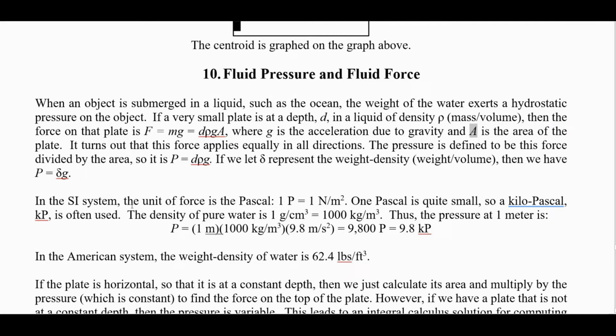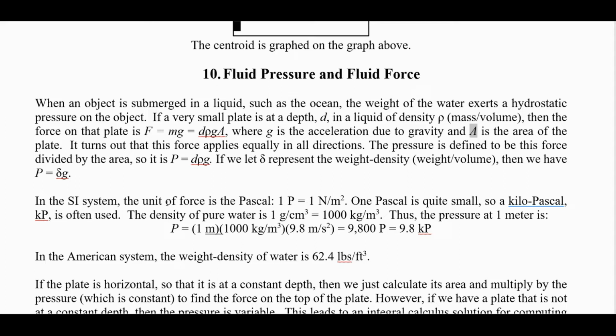In the SI system, the international system, the unit of pressure is the Pascal. 1 Pascal is 1 Newton per square meter. 1 Pascal is quite small, so a kilopascal, kPa, is often used. The density of pure water in the metric system is 1 gram per cubic centimeter, which translates to 1,000 kilograms per cubic meter.